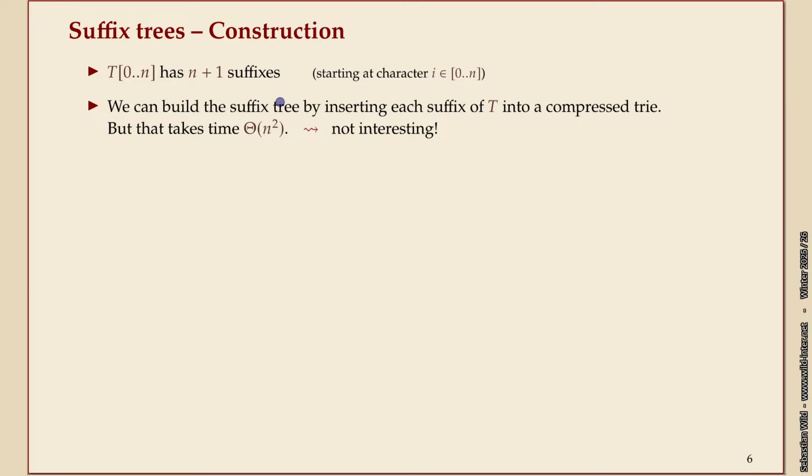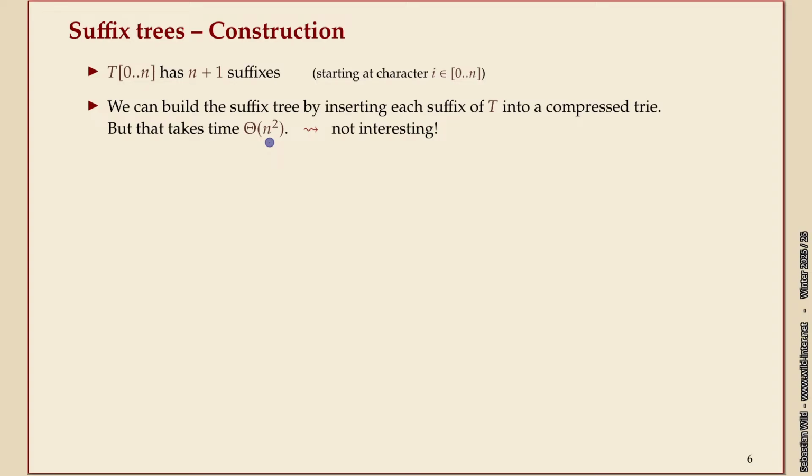If you were to insert one of these suffixes after the other into a trie in the natural way, you would take essentially constant time for each inserted character. But the total number of characters is quadratic because you have lots of long strings. The first half of the suffixes have at least the second half of the characters. So there you go, it's n squared already.